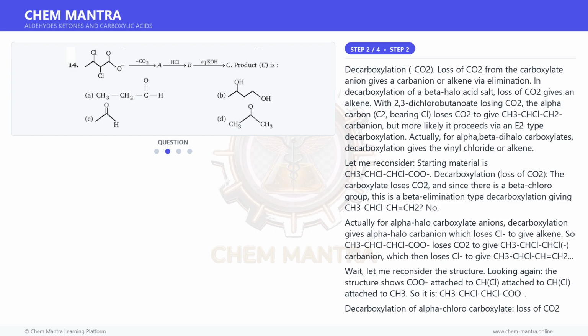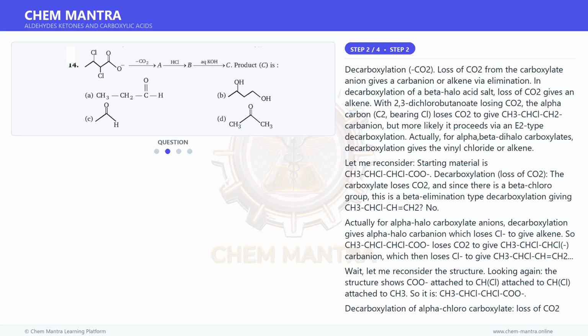Let me reconsider. Starting material is CH3CHCl-CHCl-CH. Decarboxylation, loss of CH2 from the carboxylate, and since there is a beta-chloro group, this is a beta-elimination type decarboxylation giving CH3CHCl-CH=CH2.